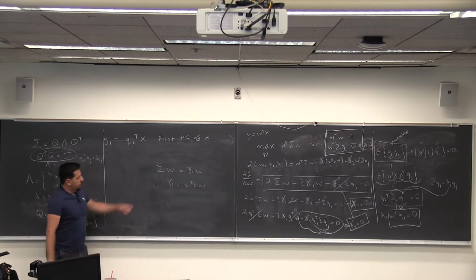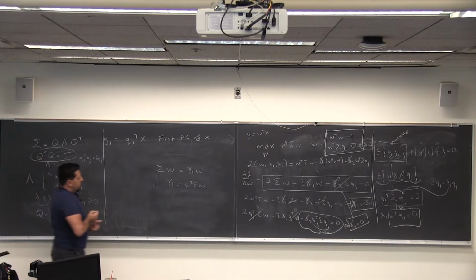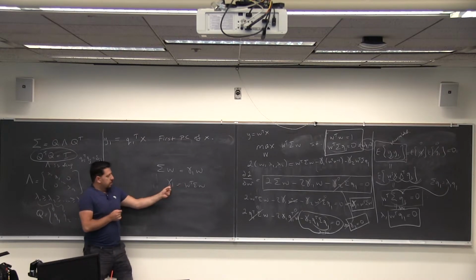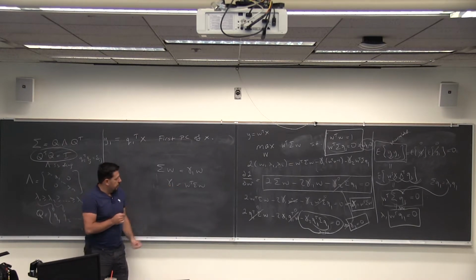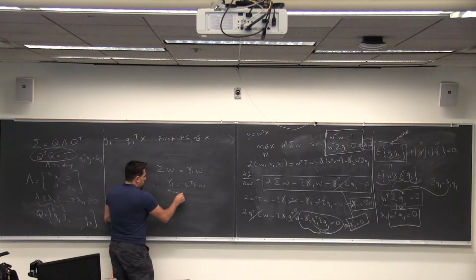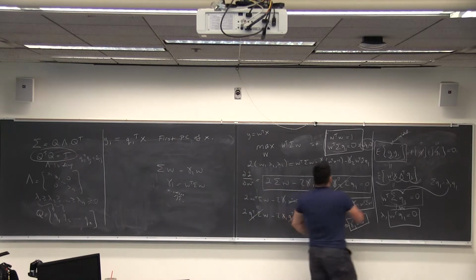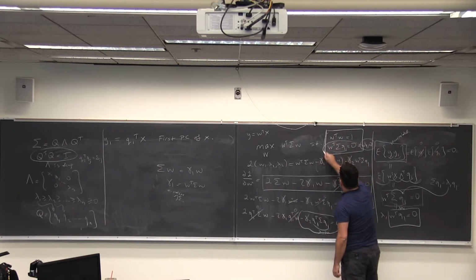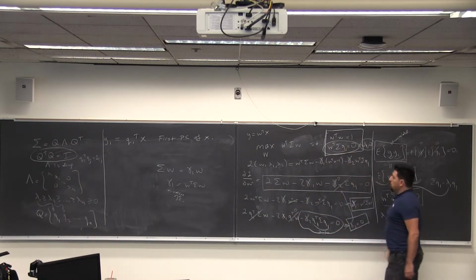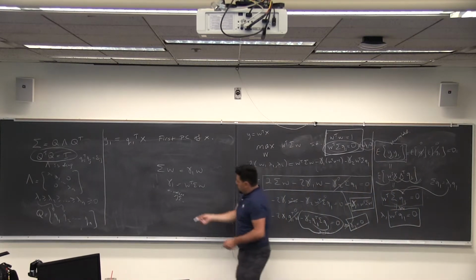So same story here. W must be an eigenvector of sigma with the largest possible eigenvalue. Right. So since gamma 1 will be an eigenvalue, but it cannot be lambda 1 because I cannot make W equal to Q1. W must be orthogonal to Q1. So it must be one of the other eigenvectors.